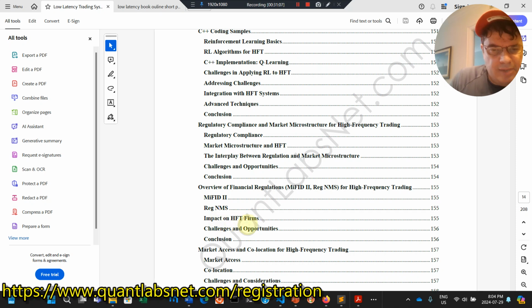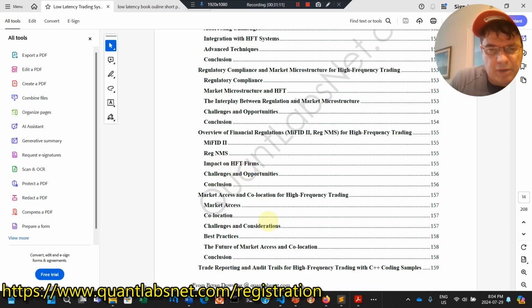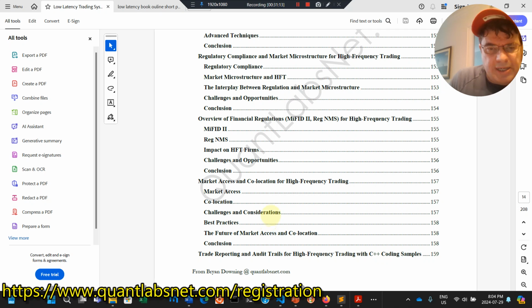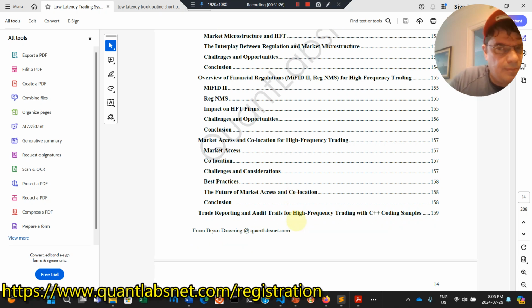So we talk about both impact on the HFT firms, challenges, and opportunities. Okay, so now we talk about market access and co-location. Talk about both challenges, best practices, the future of market access and co-location. These topics on the future are what really makes this book valuable, I think.